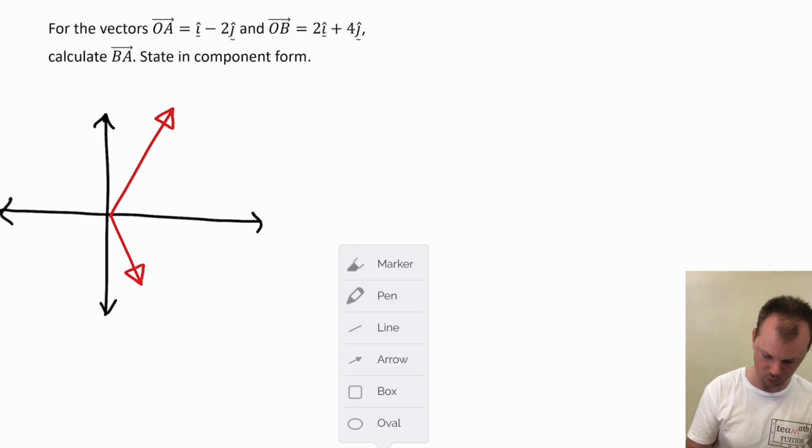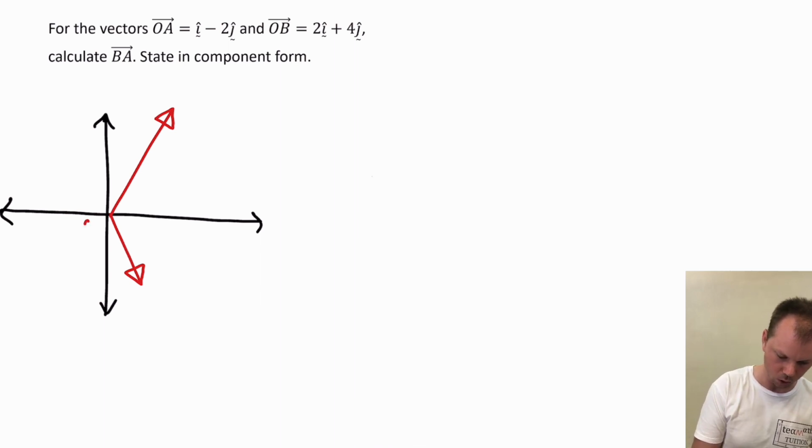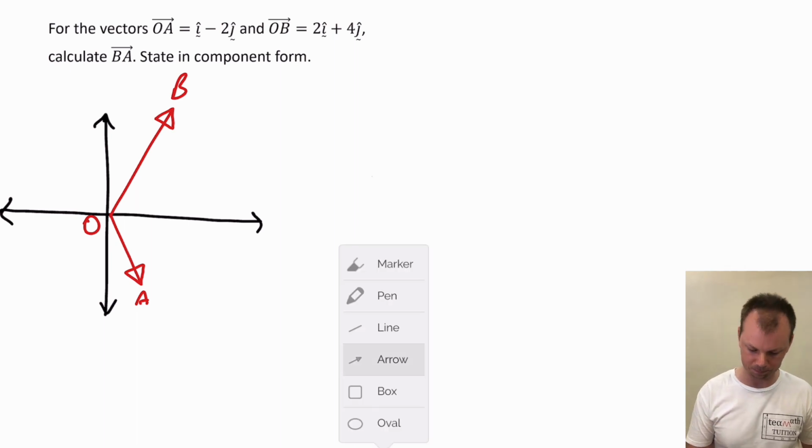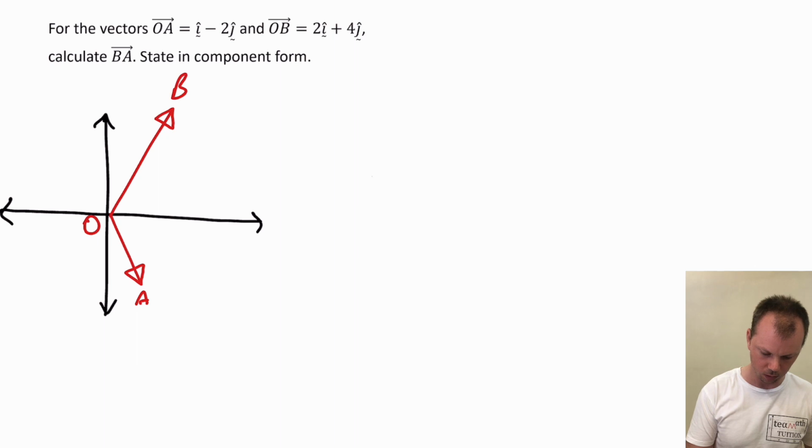Let's label our points. So O always refers to the origin. This is point A and this is point B. We want to find the vector starting at B and moving to A. So we're after this vector here.